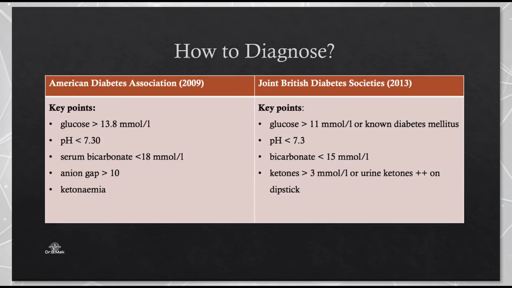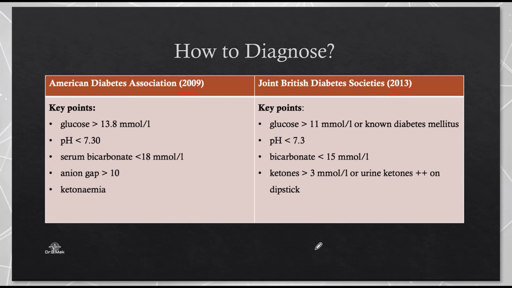So how to diagnose? This is from the American Diabetes Association 2009 and from the Joint British Diabetes 2013. The idea here is to tell you that you want to use your local hospital guidelines to know the exact definition, but the concept is almost the same everywhere. And so you have a high glucose, a low pH below 7.3, a serum bicarbonate that is lower than normal, so it is compensating.